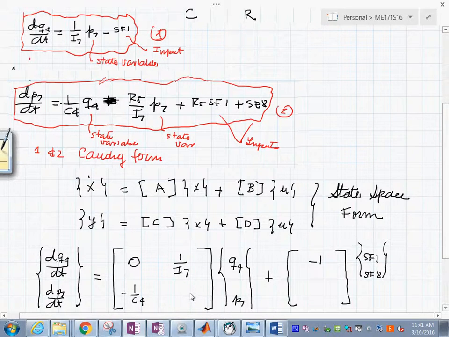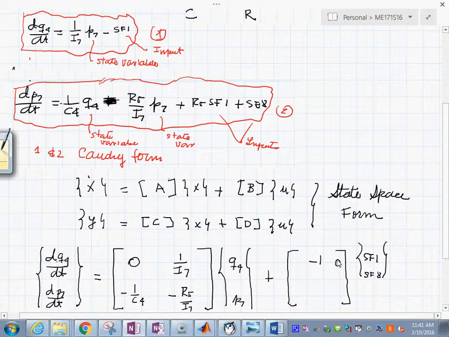Very good. What we have done is, do you see what has happened? This vector, this matrix is this matrix. This is the state vector, and this one is the output vector.